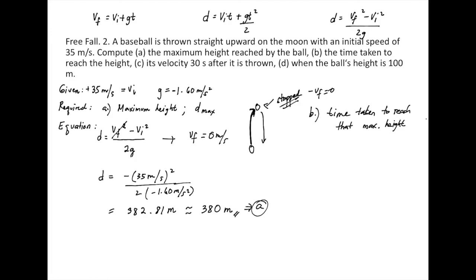Since we have the V final and the V initial, our V final is 0 meter per second. We also have the V initial, which is 35 meter per second, and the gravity, which is negative 1.60 meter per second square, and we are looking for time.